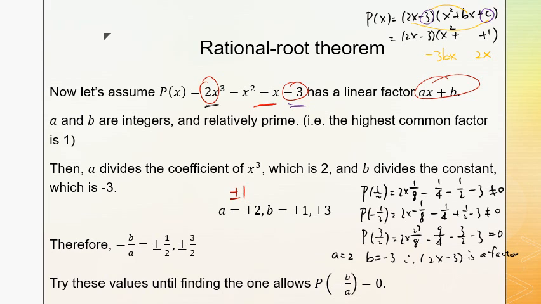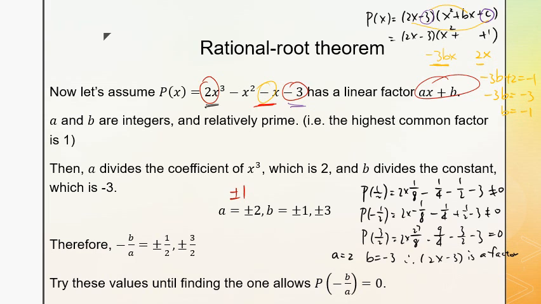Now what you have to do is equate the coefficients of -3b plus 2 to match what we have in the original polynomial function, which is -1. So -3b plus 2 is equal to -1, which tells you -3b is equal to -3, so b is equal to 1.